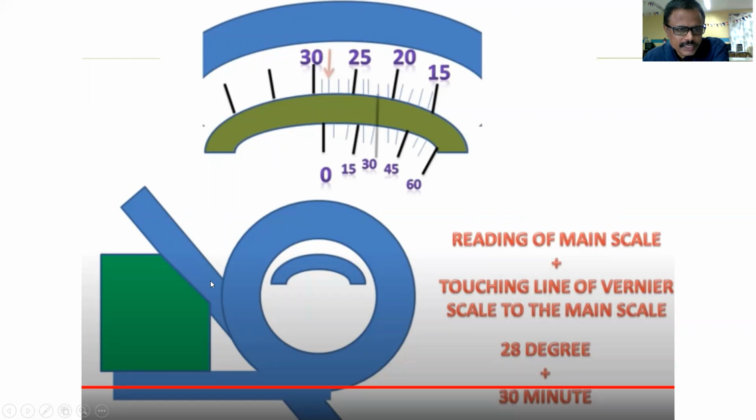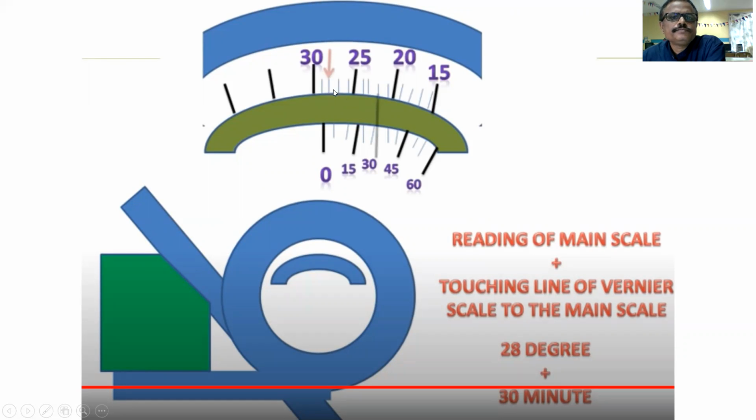The blade is fixed here and on top of the base, you have this workpiece. So you have to take the readings after positioning the bevel protractor on the workpiece. There are two readings here. One is a main scale reading, the other one is a vernier scale reading.